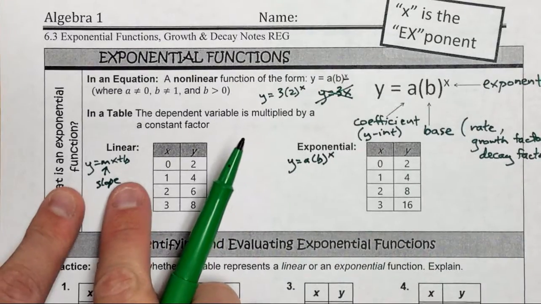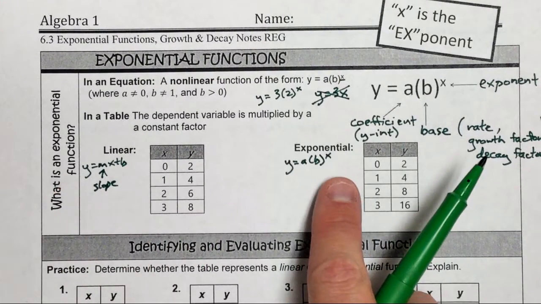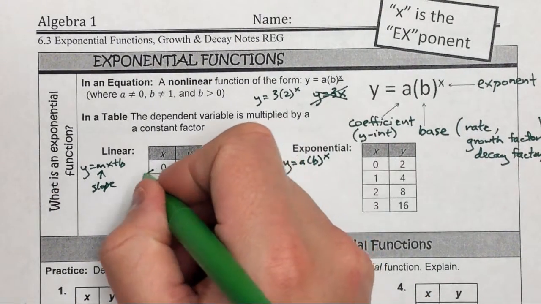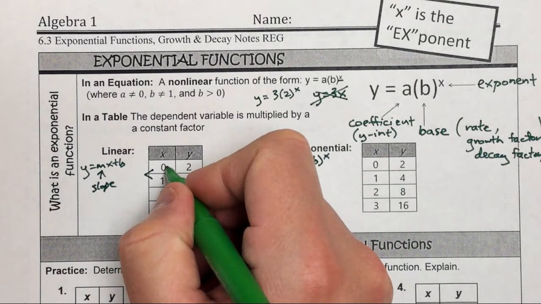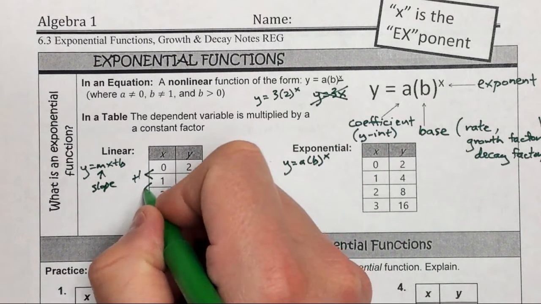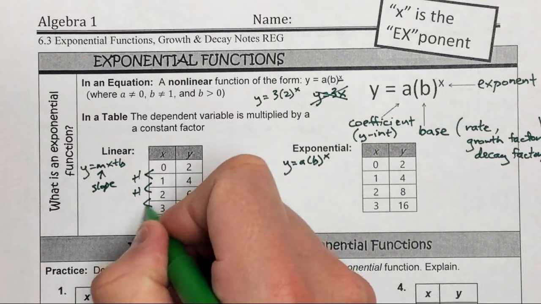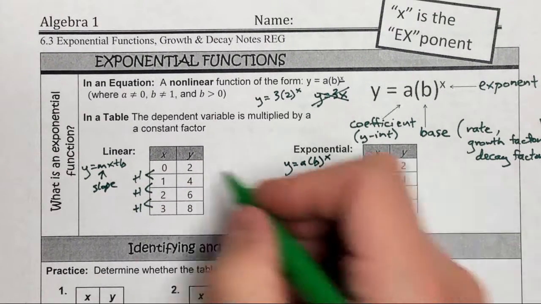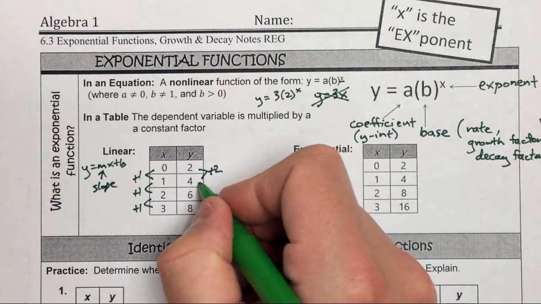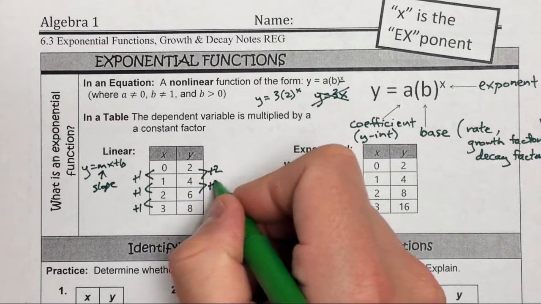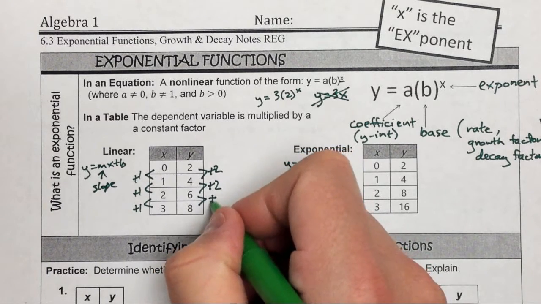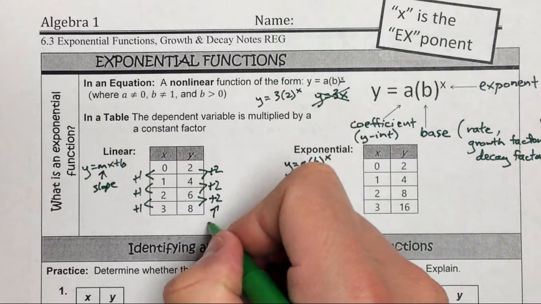If you look, when I'm incrementing from 0 to 1, we're increasing by 1 on the left side of this table, and on the right I'm adding 2 to get from 2 to 4, 4 to 6, 6 to 8, and so this adding of 2 is the m.